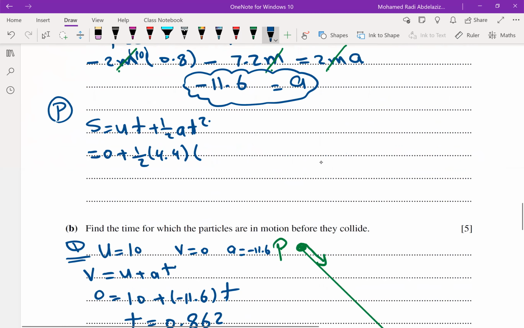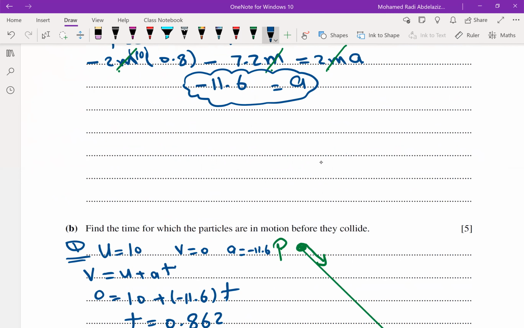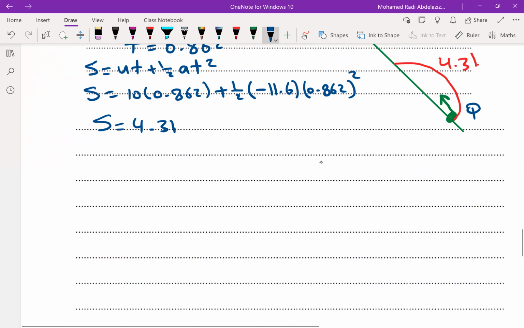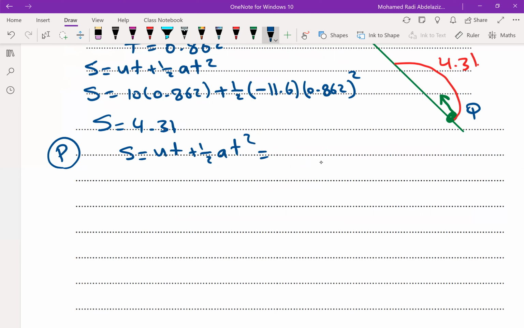Sorry, I will write this part down. For particle P, S equals ut plus half of at squared. The initial velocity is 0, half acceleration 4.4, and the time 0.862 squared.